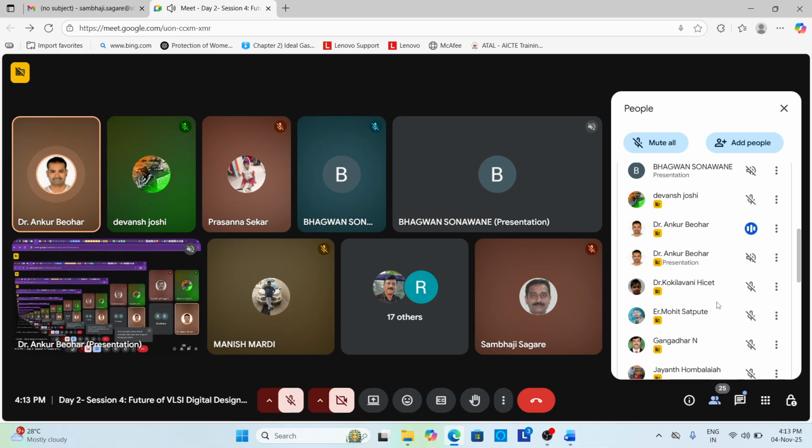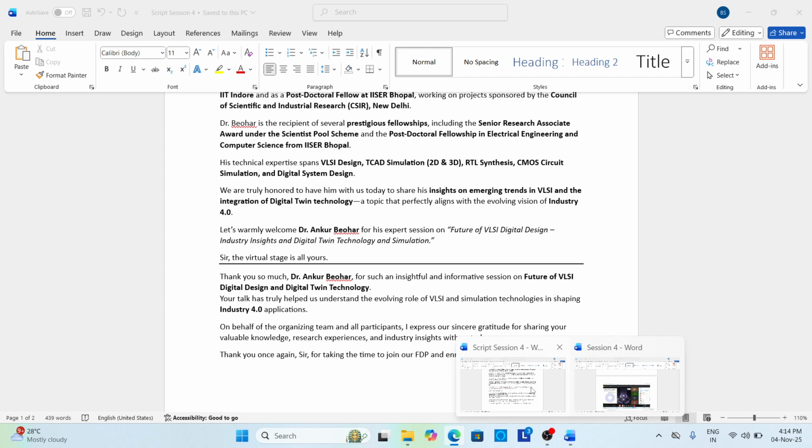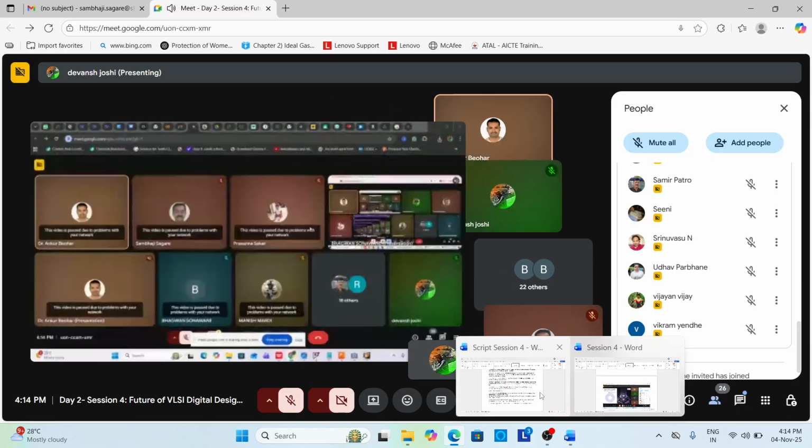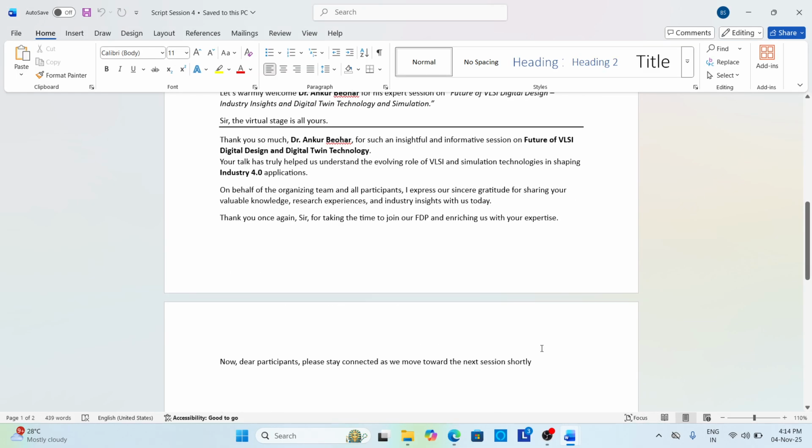So one of the circuits I downloaded just to show from Cadence. Since we have limited time, otherwise we could have a live demonstration with Cadence so that we can see how to implement it.